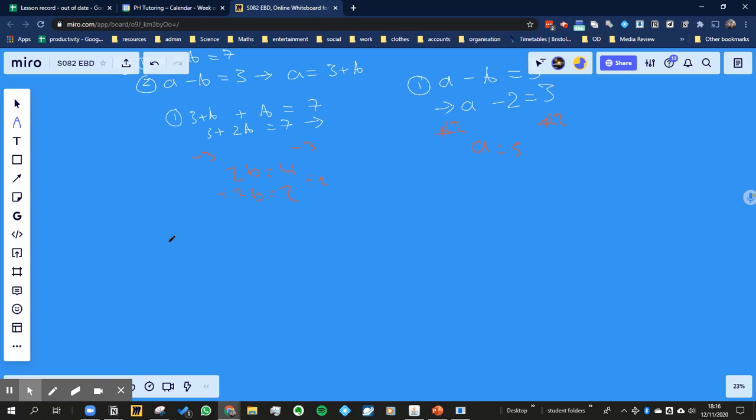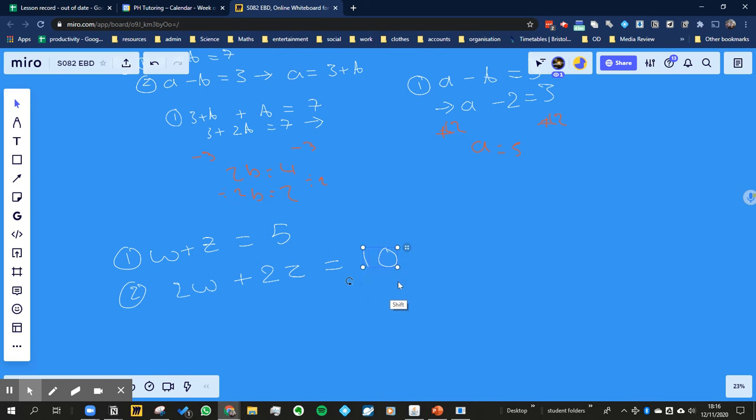Let's say I've got, w plus z is equal to 5, this is my first equation. And 2w plus 2z is equal to 10. This can't be solved because equation 2 is exactly the same as equation 1, apart from it's just times by 2. Everything's times by 2.